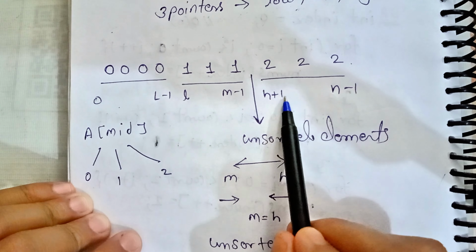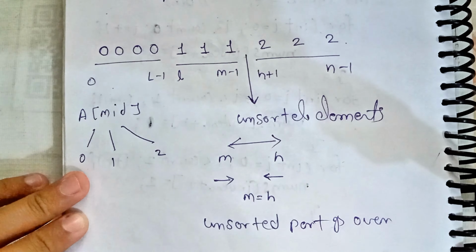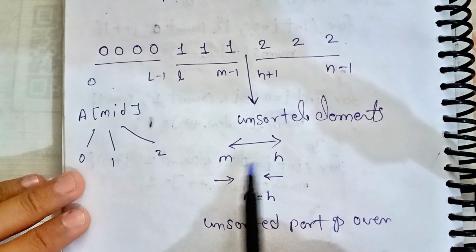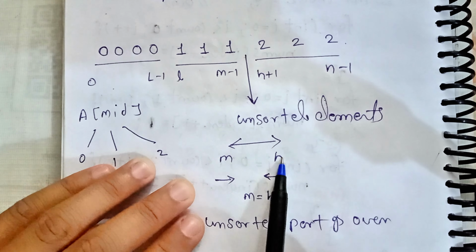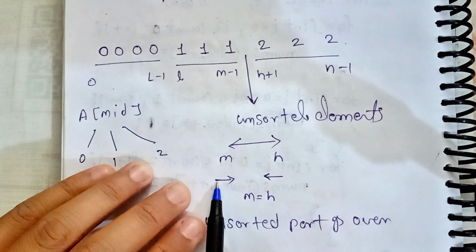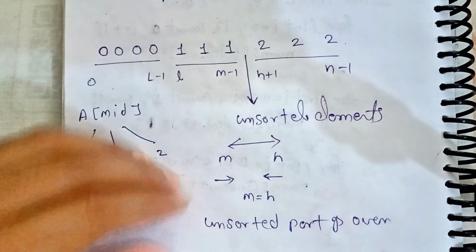After that, from high plus 1 onward, we have 2s. From mid to high we have the unsorted part, means we will check the mid and high values, and according to that we will move forward and backward. So move on to the next.